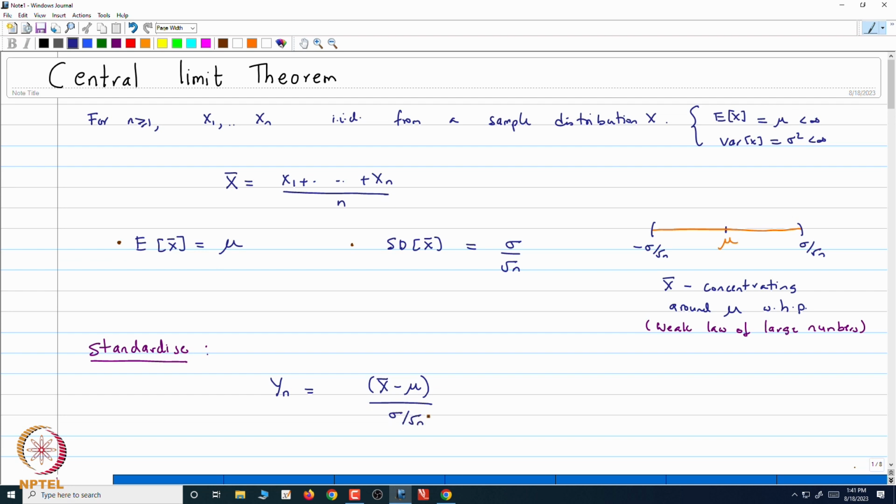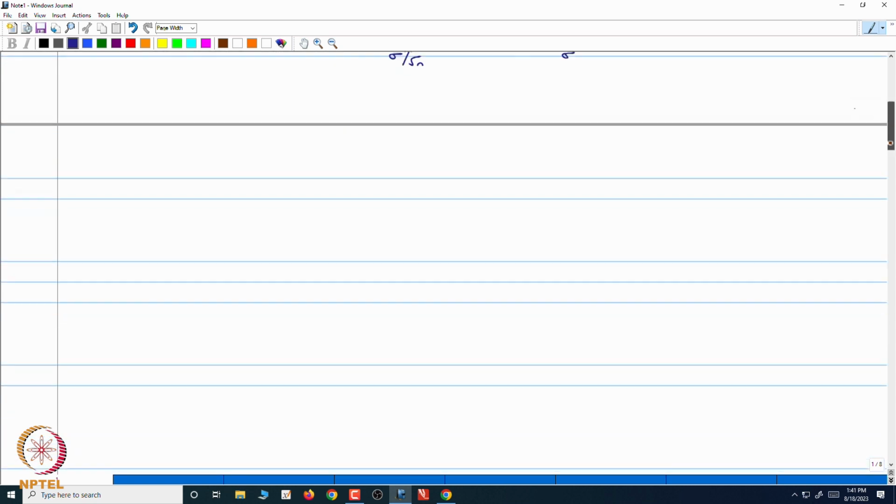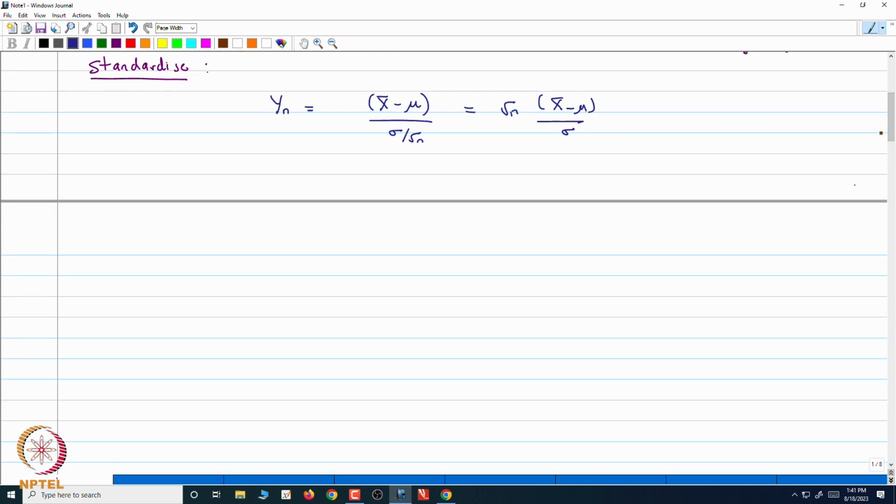So that is going to be equal to root n times (x bar minus mu) by sigma. Now, we know that Yn has mean 0 and variance 1. So, E of Yn is 0 and the variance of Yn is 1.